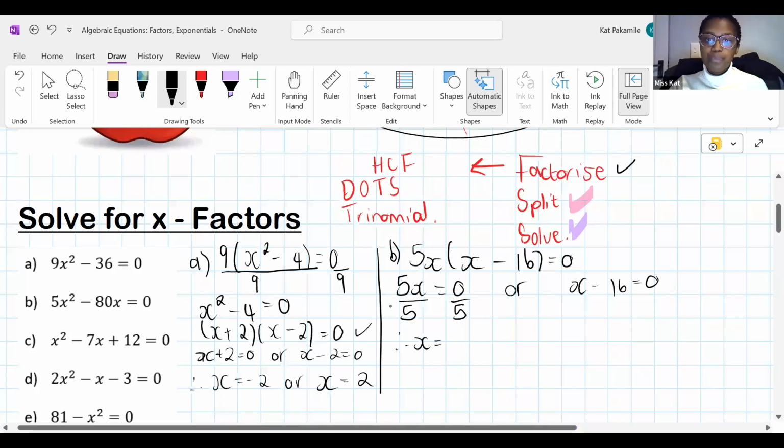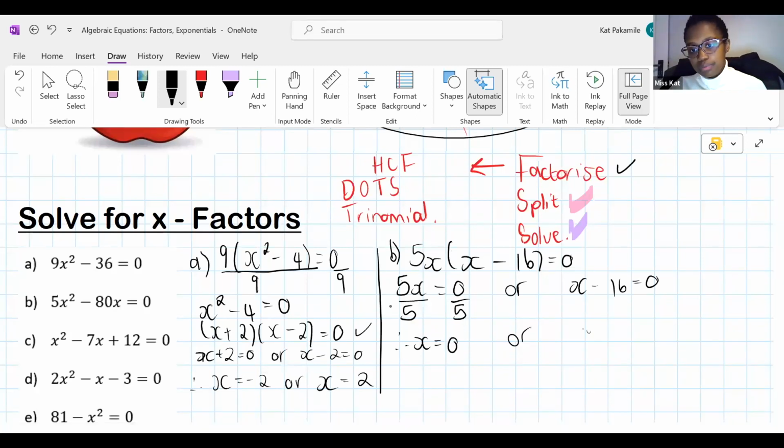And then on the other side, x is how much? Positive 16. There we go. Do you see? If you divide by 5x, you are going to lose one of the solutions. Yes, I see. Thank you, ma'am.